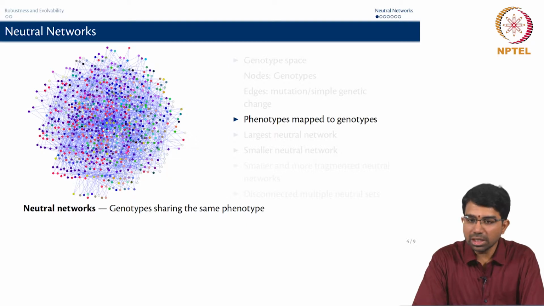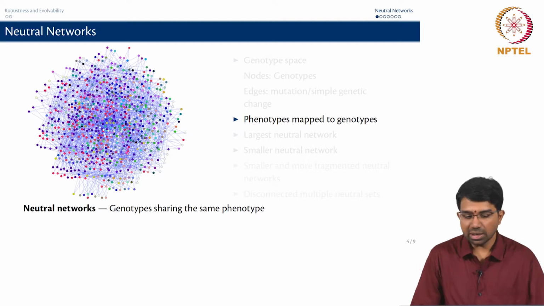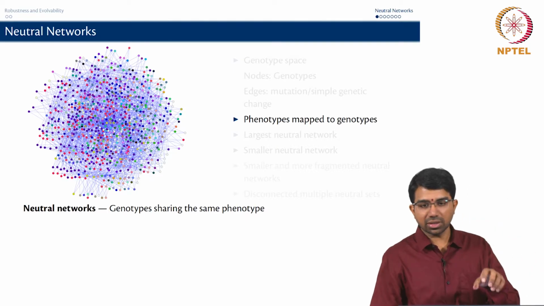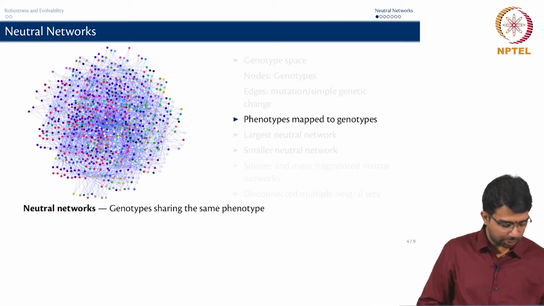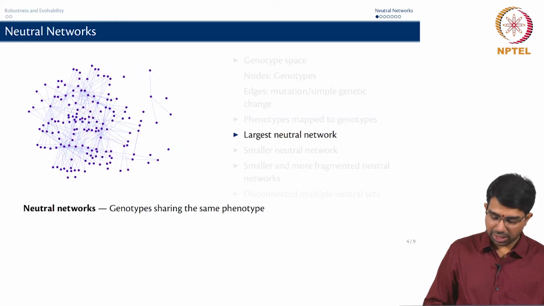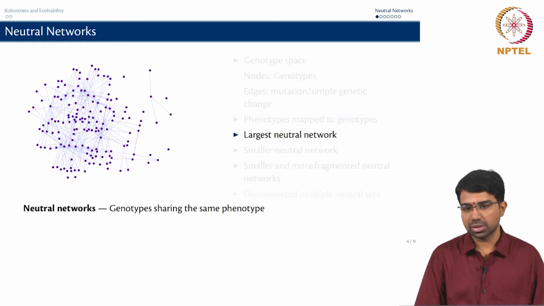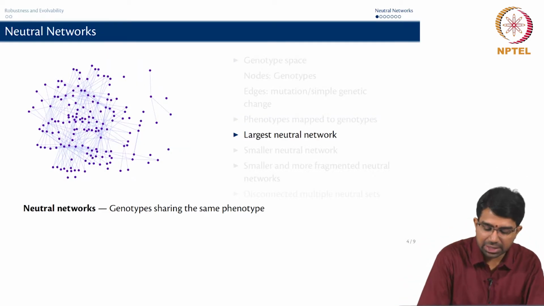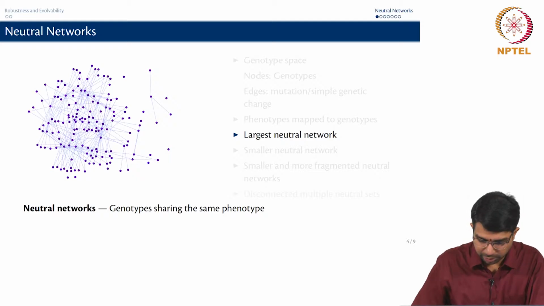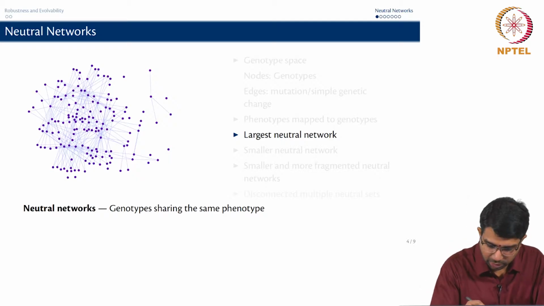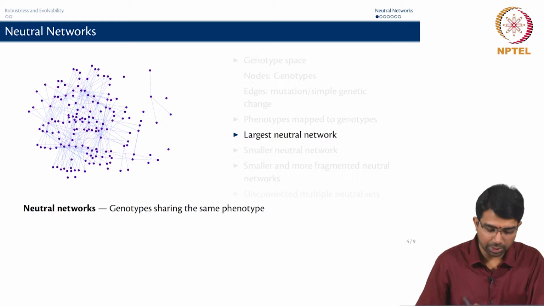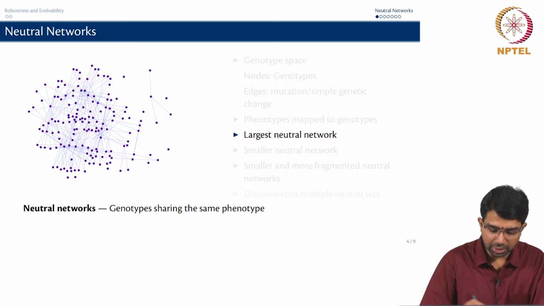These are networks of genotypes that share the same phenotype, meaning if I pulled one color out of this graph, that would be a neutral network. For example, this is the largest neutral network on this graph. It is technically a set, not a network, because you have certain nodes that are disconnected and so on, but you can see that this is a network.